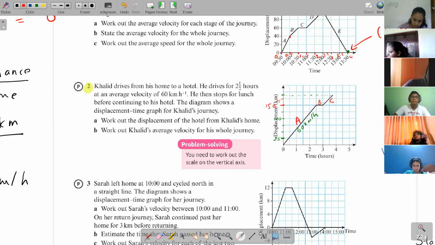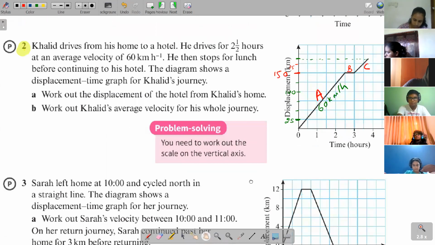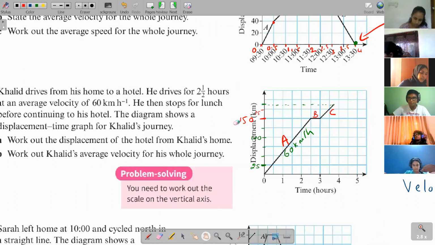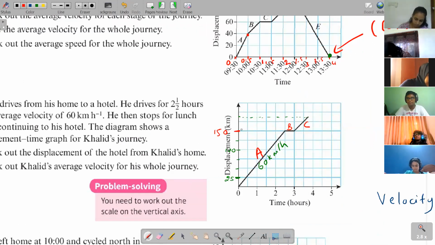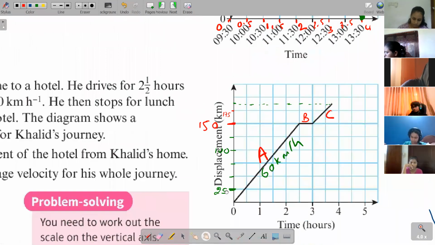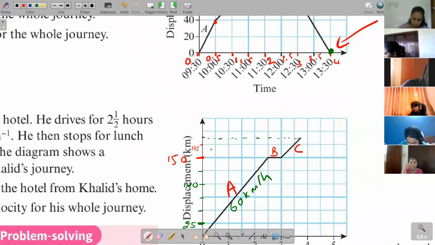Are you getting the displacement? Okay, one whole box is 25. So this is 150 and this is another 25, which is 175. And this small part here, do you see? This whole box is 25, so this small part is half of 25.